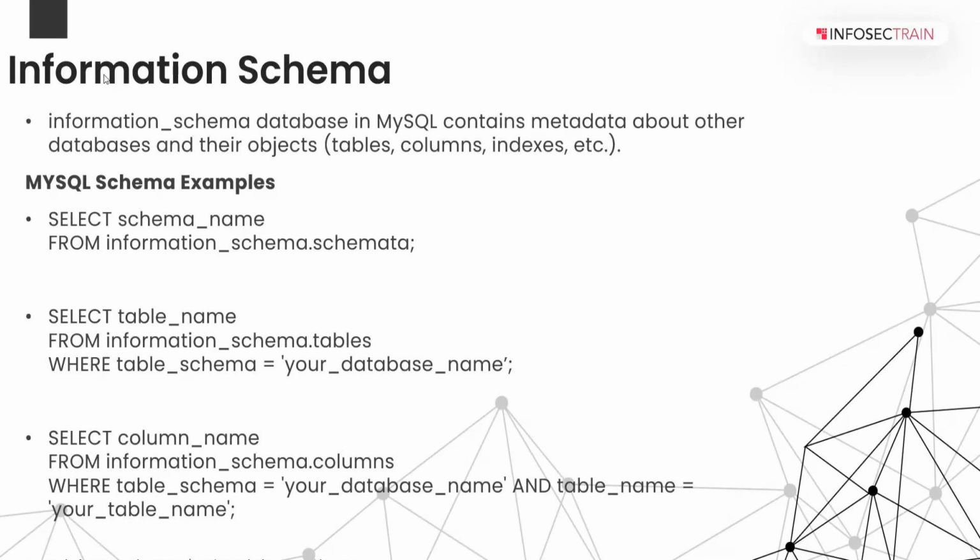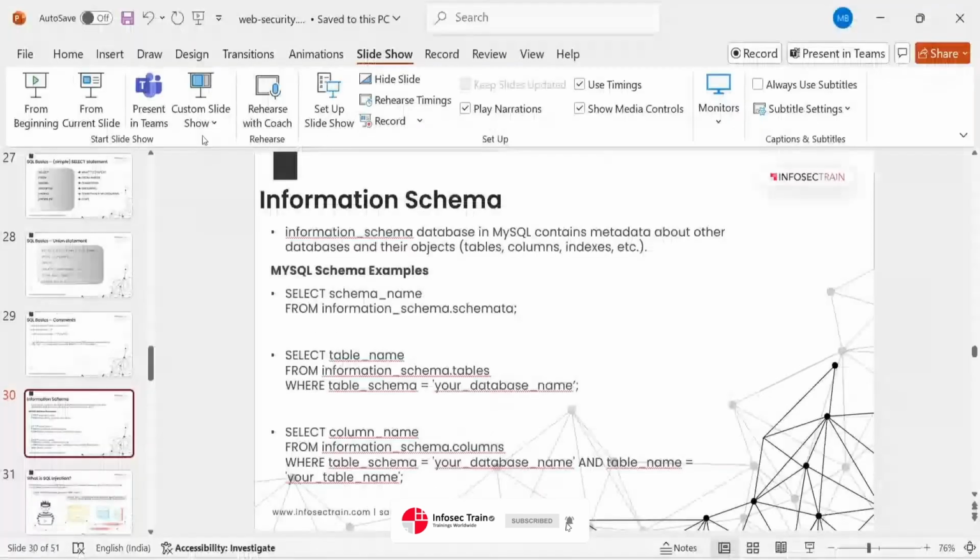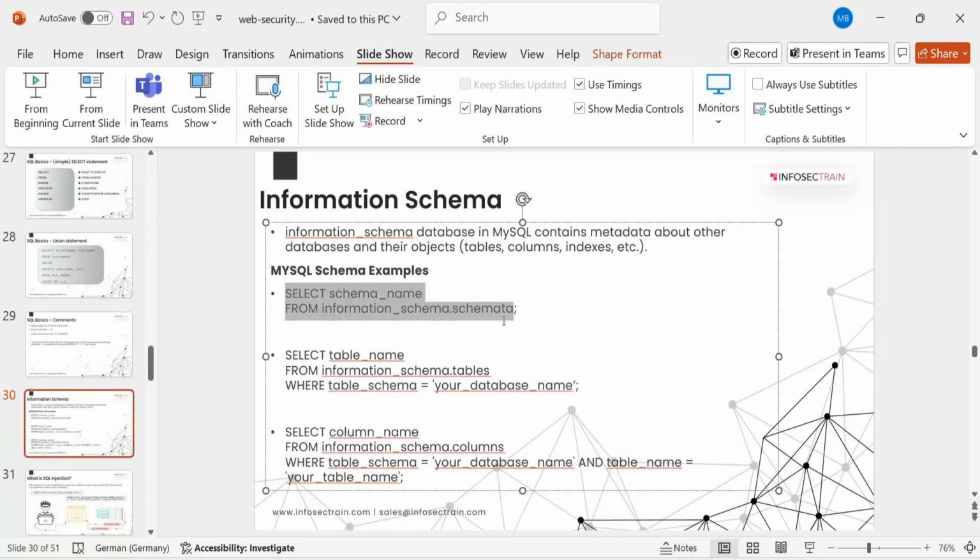If we have access to that particular database, one can find the database names, table names, column names, and even data. I will show you a few queries. In MySQL, this schema is known as information_schema. Information_schema is the database name, and schema is the table name. So you can write database dot table this way also, right?